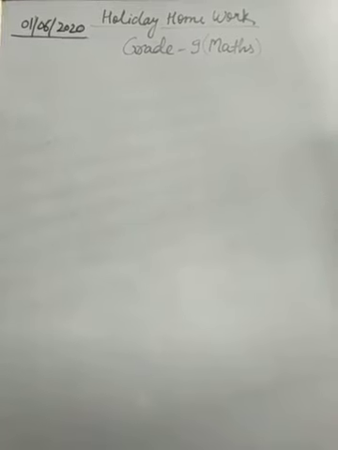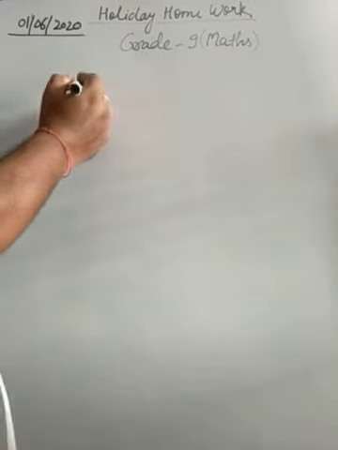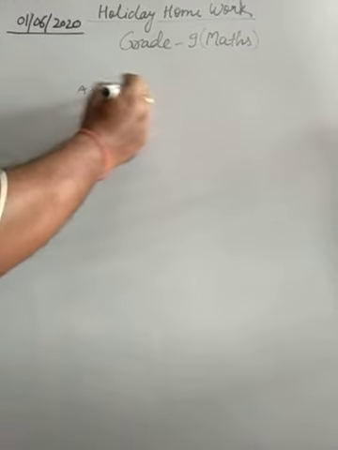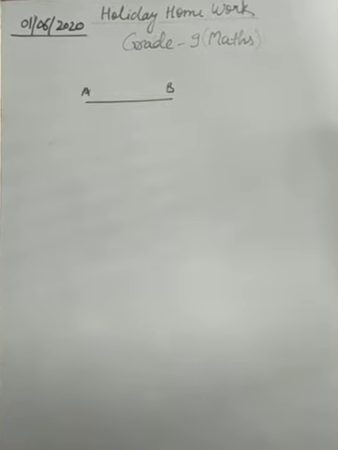Okay, let's start, students. As per the given worksheet, the first question is: how many rational numbers can be found between two distinct rational numbers? If two distinct rational numbers are given, then how many rational numbers can be found? As you know the definition of a line, if these are the 2 points A and B, then how many points can be plotted in between A and B?